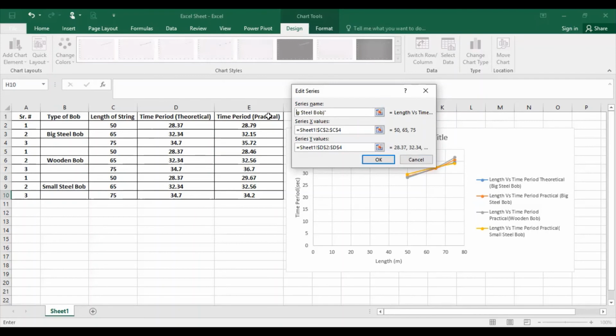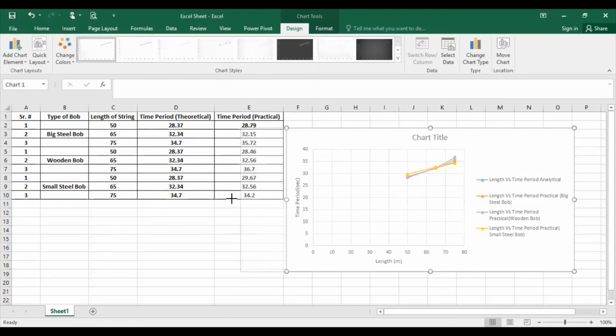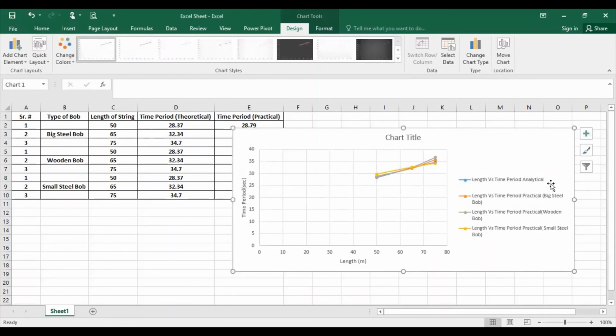So I am going to write it over here: length versus time period, theoretical or analytical, you can say. Okay, done. So you can see here, one is length versus time period analytical values.